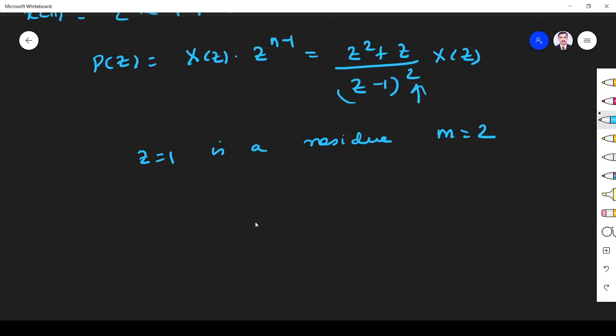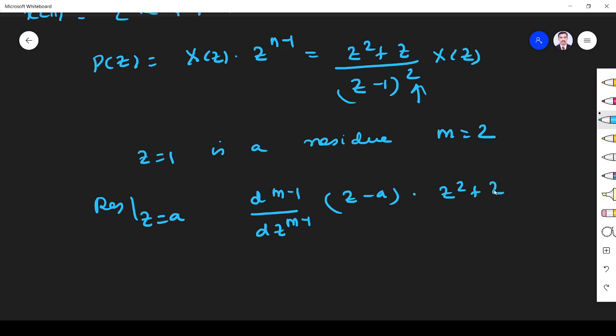What is the residue formula? Residue at z is equal to a is 1 divided by m minus 1 factorial, d power m minus 1 by dz power m minus 1 of z minus a power m into p of z. Right? P of z only I have to find. P of z is z square plus z divided by z minus 1 whole square.